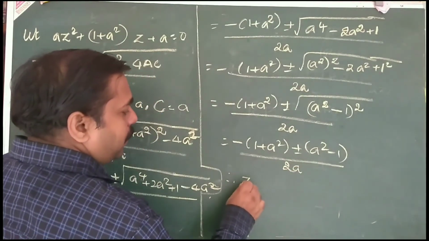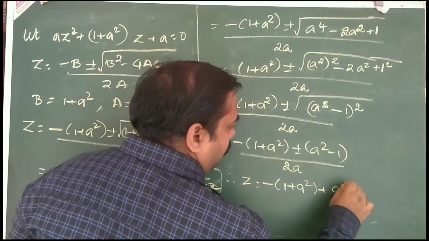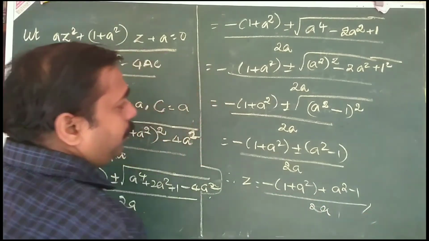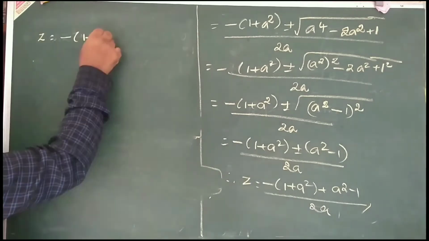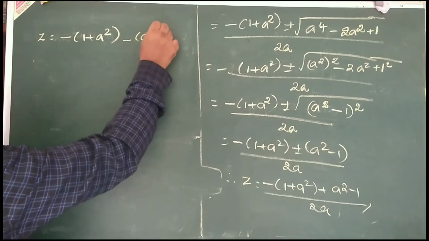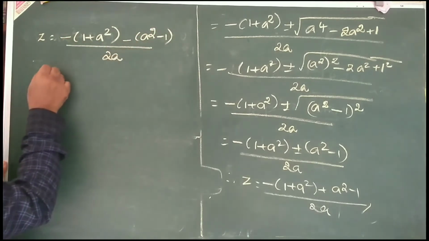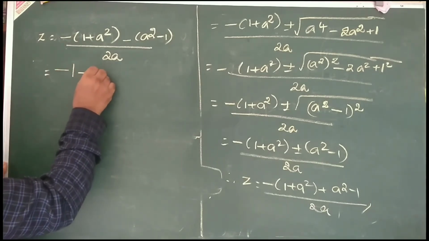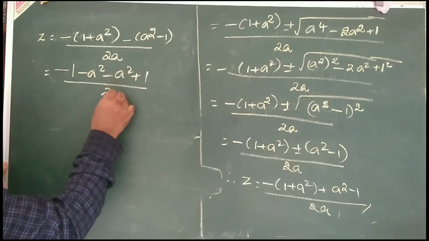Therefore, z is equal to minus 1 plus a square minus 1 divided by 2a, comma, minus 1 minus a square minus a square plus 1 divided by 2a.